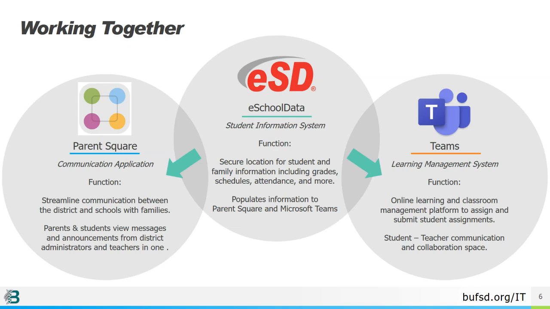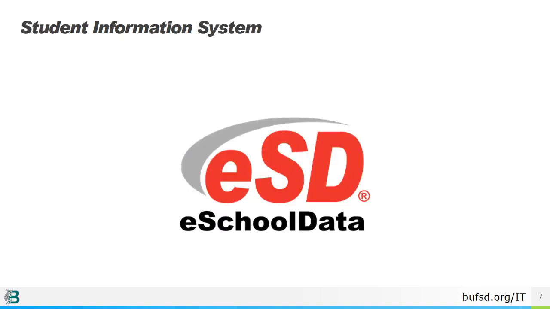So these are the applications that we're going to be covering today. eSchool Data is our central hub for student information, and this information gets pushed out to the other applications. So eSchool Data is our student information system.